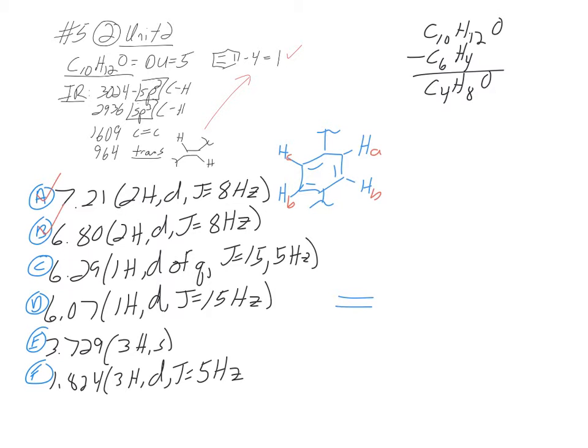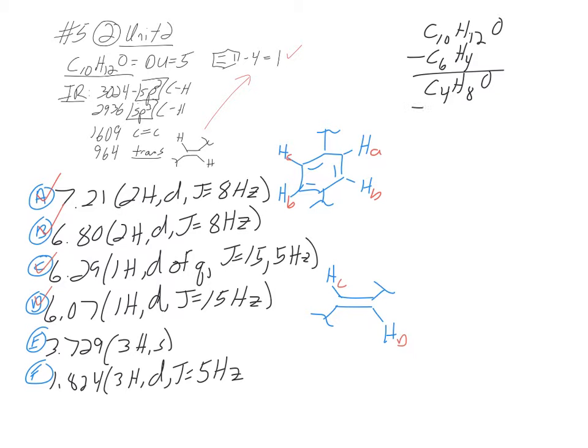I knew it had to be trans, so I know I have this, and that matches with the vinylic region from around 6.0, 6.5. So one of these would be C, and one would be D. So I can check those two off, subtract that piece.